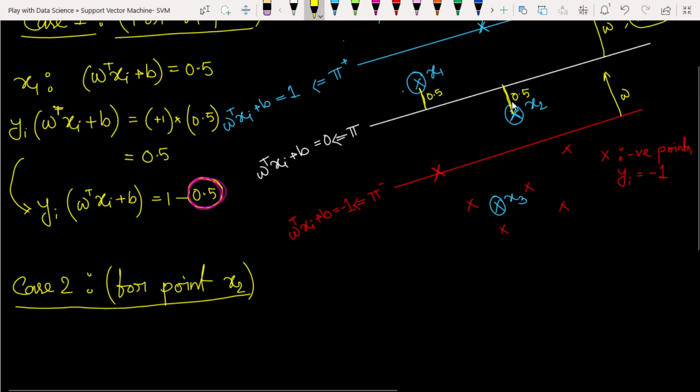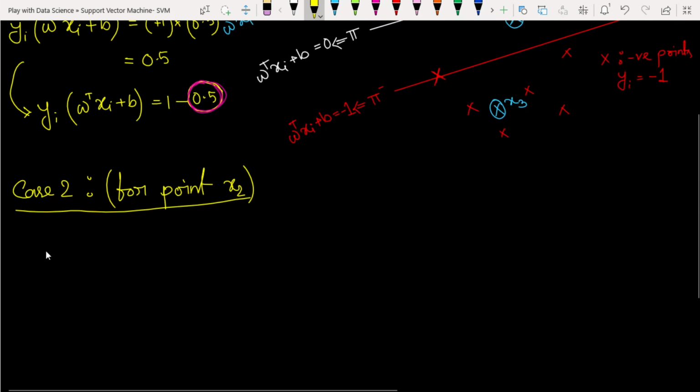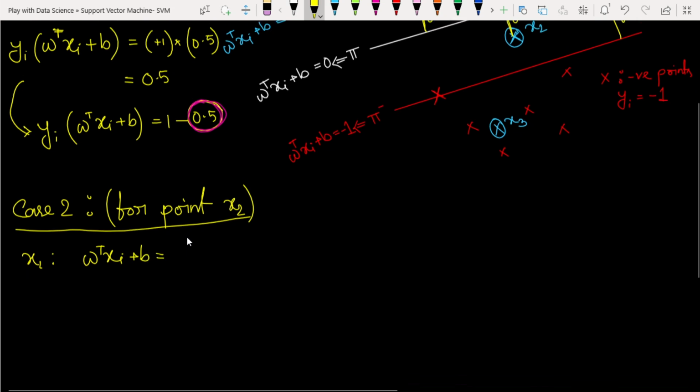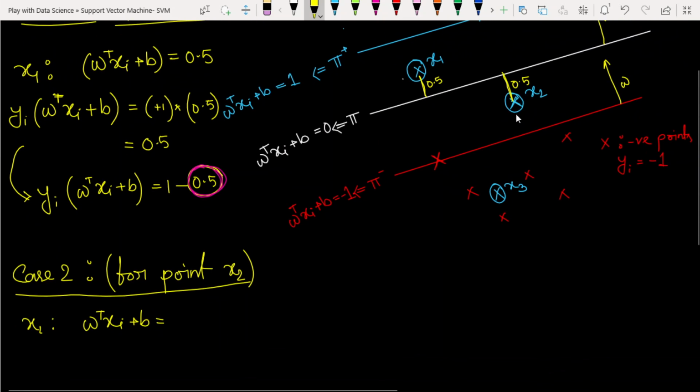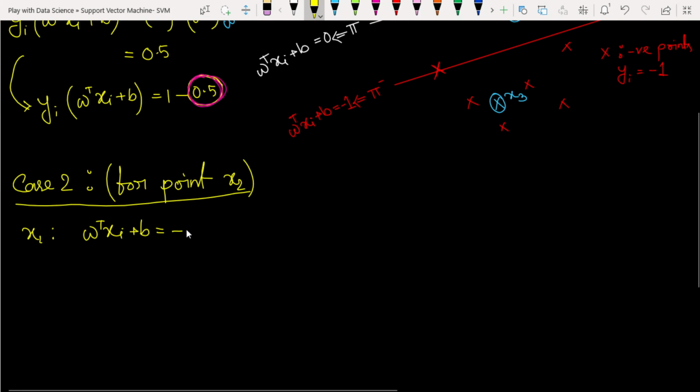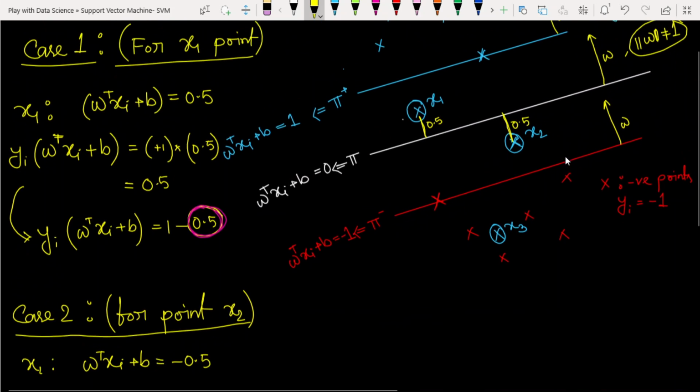Now what will be the equation, what will be the value for x2? Let's first calculate the value of W transpose xi plus b. This will be equal to minus 0.5. Why is this minus 0.5?